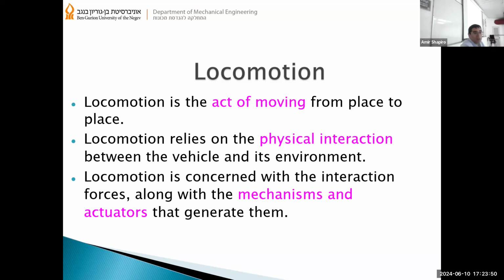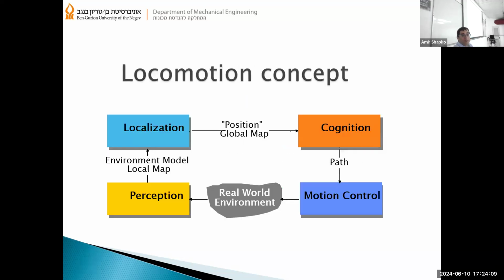Locomotion relies on physical interaction with the environment to generate force, moving force. Locomotion is concerned with the interaction forces along with the mechanisms and actuators that generate them.